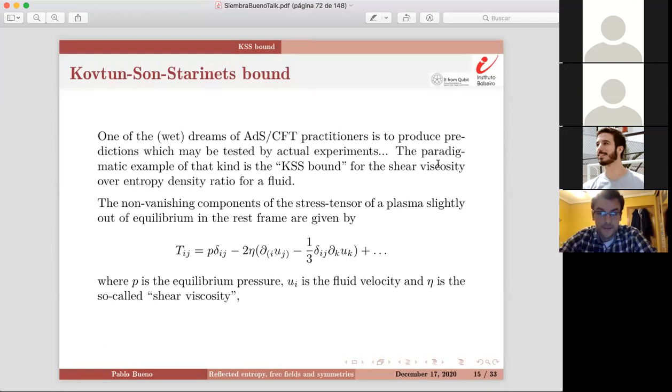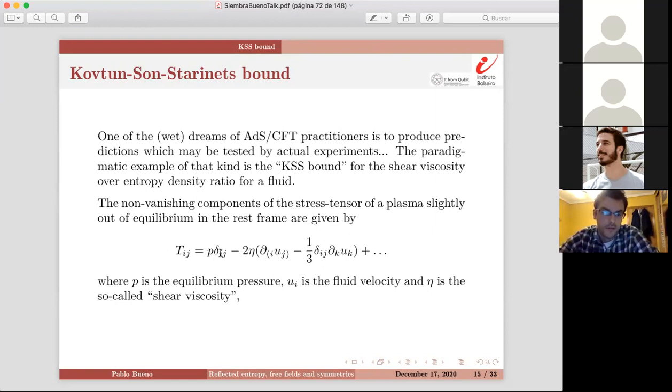It's not very familiar to me either, to be honest, but okay. You can define it. It has to do with the internal frictions within a fluid, and you can say that this thing is defined for a liquid or a plasma which is slightly out of equilibrium, in terms of the subleading correction to the stress tensor in the rest frame of the fluid.